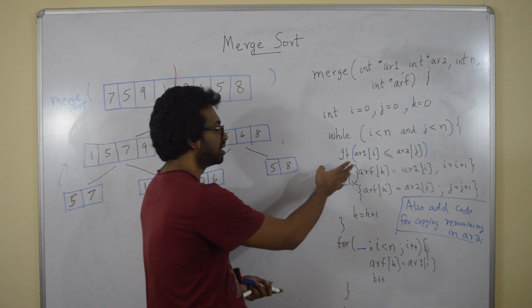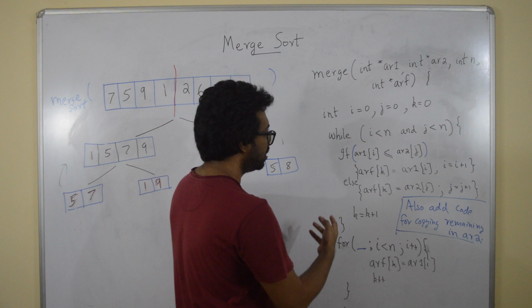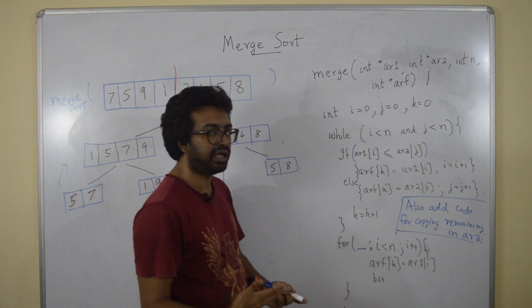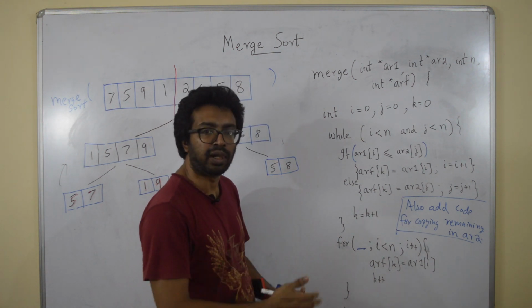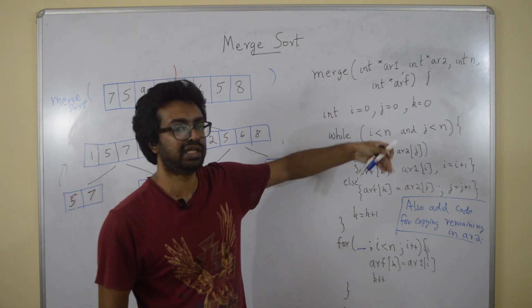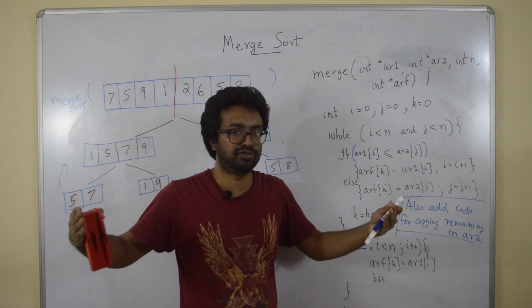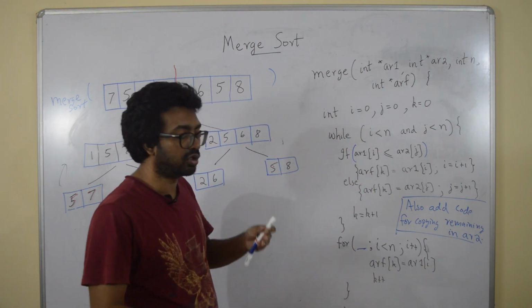Because how big can k become? K can become at most 2n, because k is going to index the sorted array that is a merge of both these arrays, each of size n. So the array can be of size 2n.